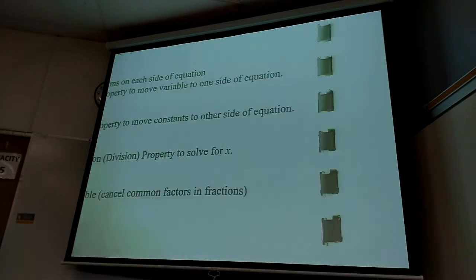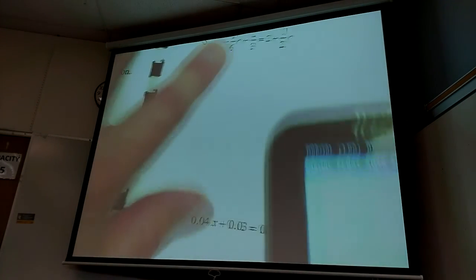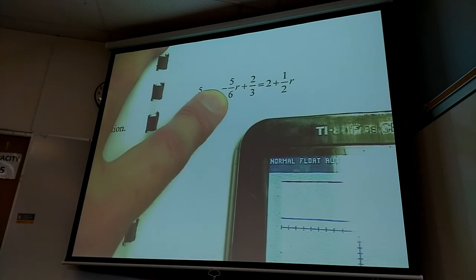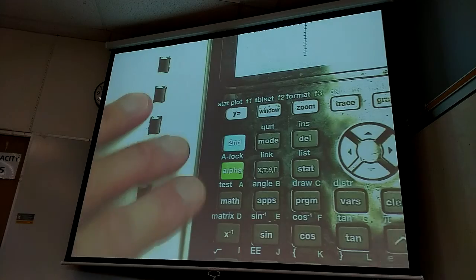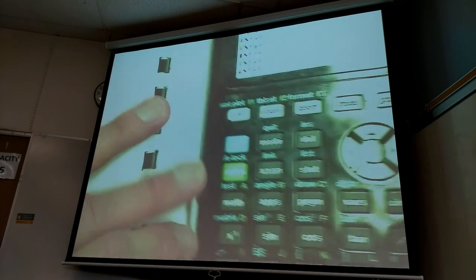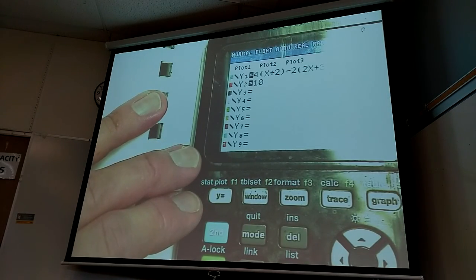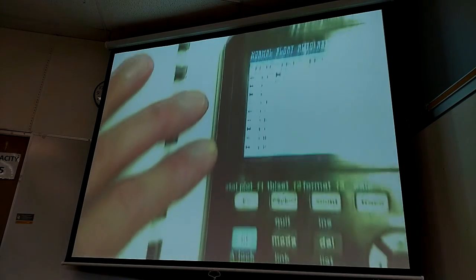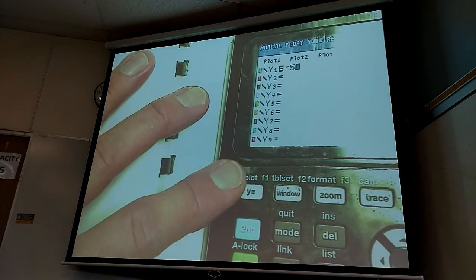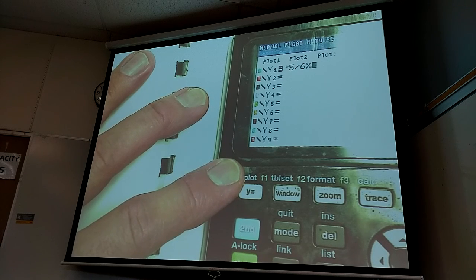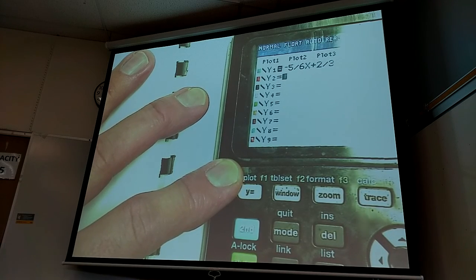Let's see, this is a special situation. Oh, here we go. Here's the other one. This guy. This is page 3. So if I put in here negative 5/6x, I can just replace that with an x. Negative 5/6x plus 2/3, that's one side.